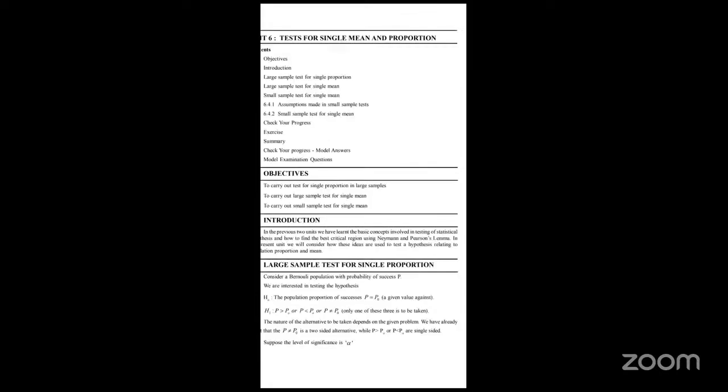What does proportion mean? Proportion is nothing but x by n, that is x observed values out of n observations, which follows a Bernoulli population with probability of success P.